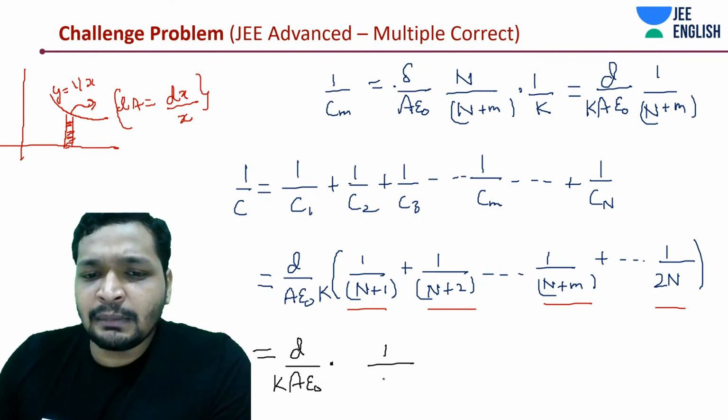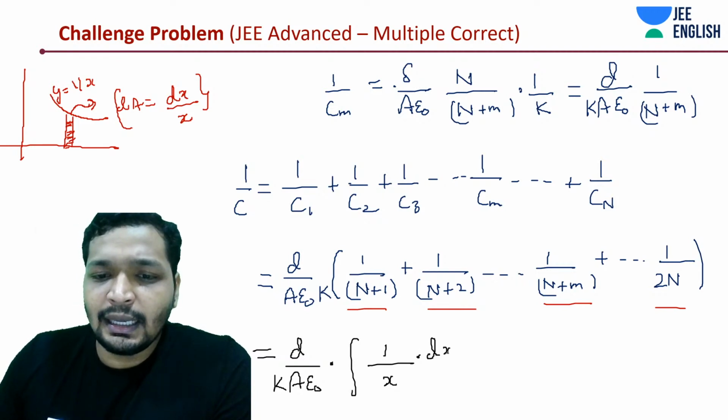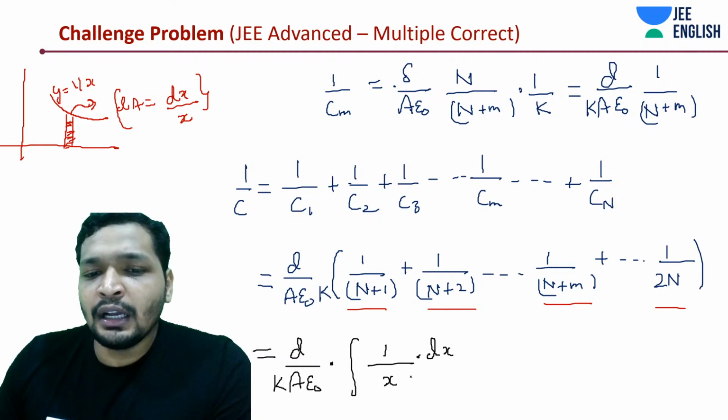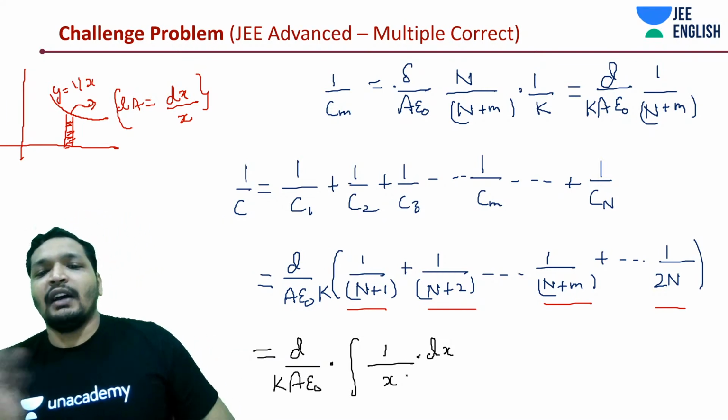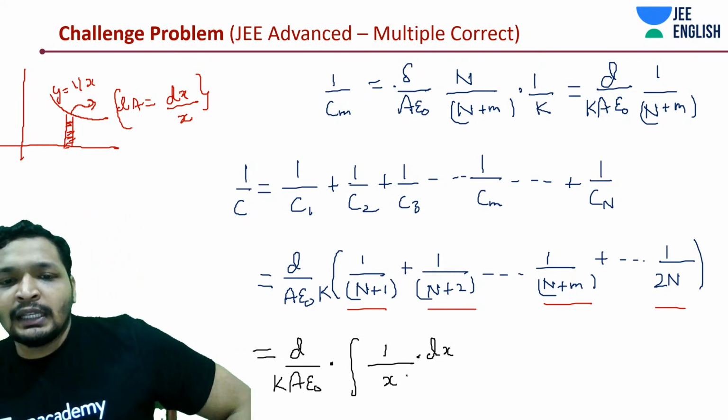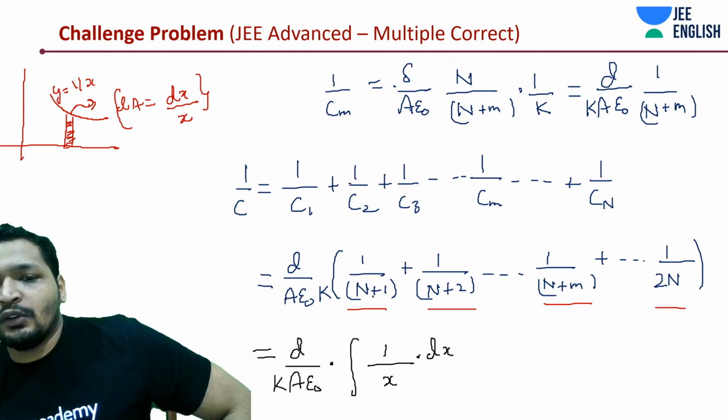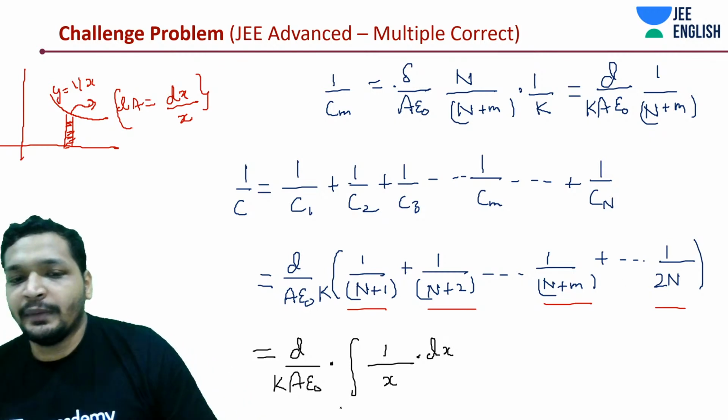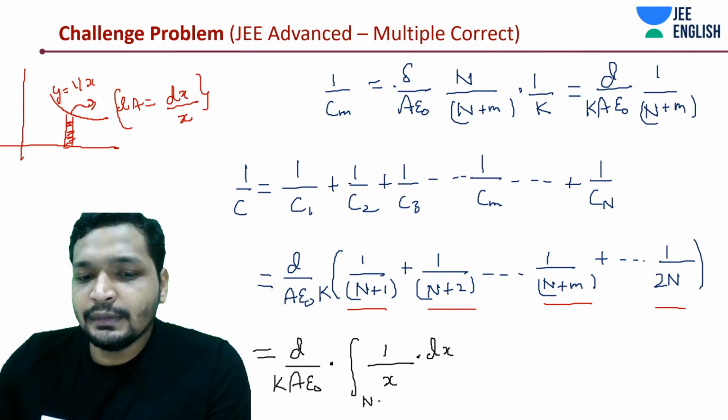I can say this is nothing but 1 by x integral dx, where this x goes from a certain value. Think about it as it goes from n plus 1 to 2n, right?